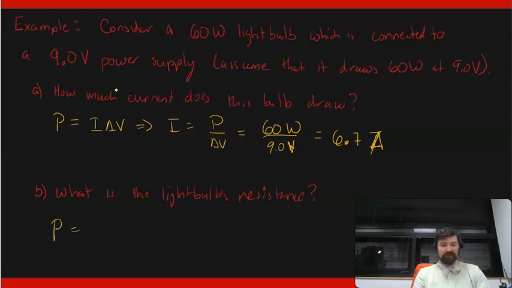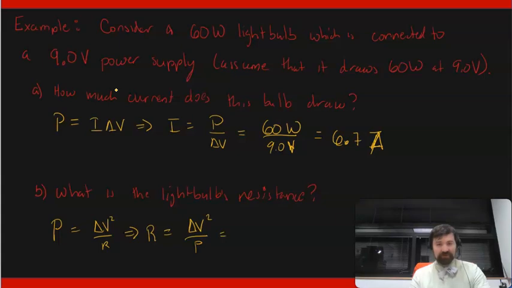Okay, and what's the resistance? Well, P should look like delta V squared over R, and therefore the resistance R is the delta V squared, the voltage drop squared, divided by the power. So that's 9 volts squared divided by 60 watts.